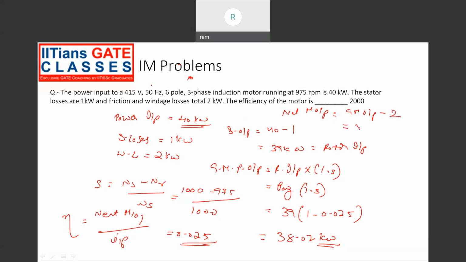So that is 38.02 minus 2 kilowatt. That is 36.02 kilowatt. So efficiency equal to output, that is 36.02 by input is 40. So that is equal to 90%. Okay guys, that's all for today's class.